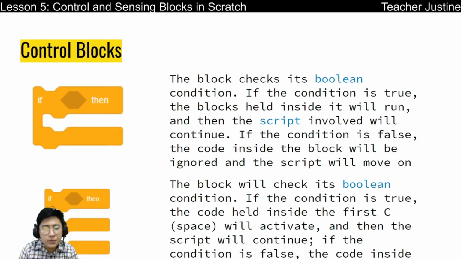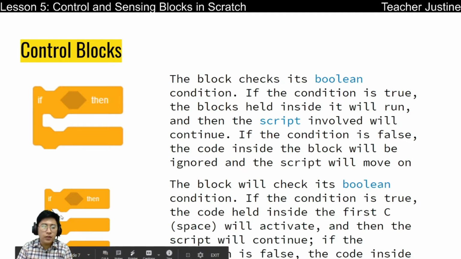If the condition is true, the code inside on the first space will activate, and then the script will continue. But if the condition is false, the code on the second space will activate. So if the condition is true, it will activate the code on the first space, and if it is false, it will activate all the code on the second space. This is the if, then, and else.